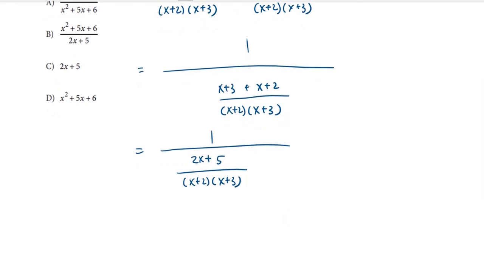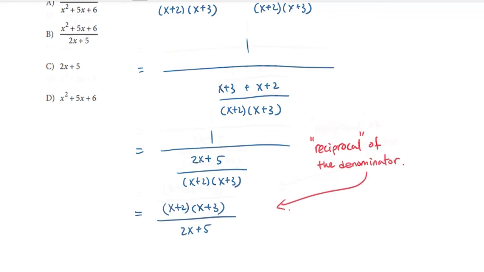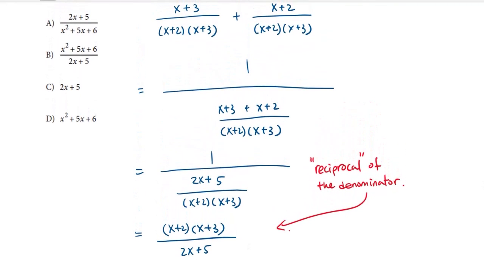So 1 over something is a reciprocal. That means we can just flip the numerator and the denominator. The fraction in the denominator will be (x + 2)(x + 3) over (2x + 5), which is the reciprocal of the denominator. By looking at all these choices, the expressions are all expanded.